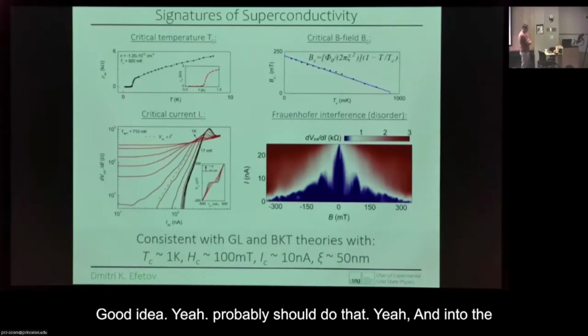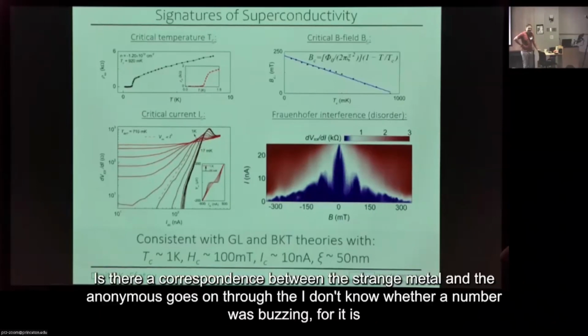In 2D, is there a correspondence between the strange metal and the anomalous boson fluid at low temperatures? I don't know what an anomalous boson fluid is. I guess it's the saturation of the system: if you cool down to low temperature, the resistance will saturate.